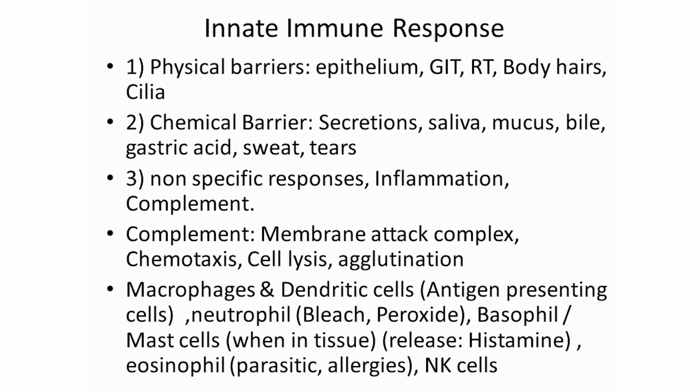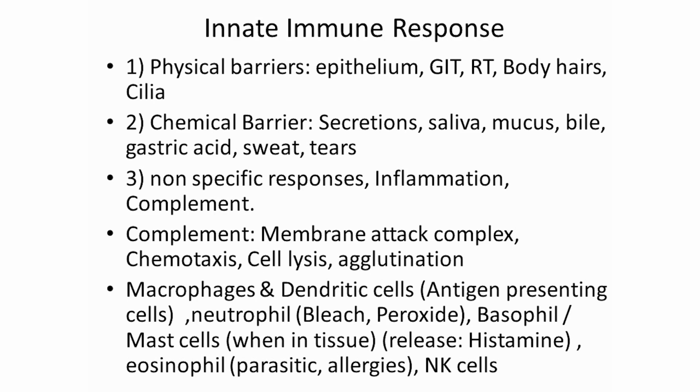So in the innate immune response, this comes first: physical barrier, epithelium, GIT, RT, body hairs and cilia. Just as in the last slide we saw, the secretions: saliva, mucus, bile, gastric acid, sweat and tears. This is the chemical barrier.